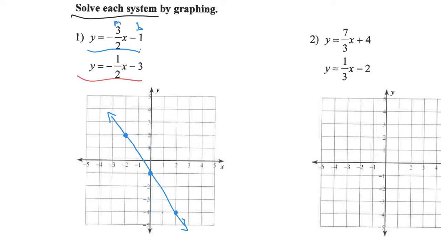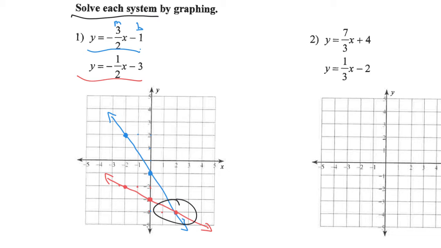I'm going to graph the second one in red. So I'm starting at -3, that's the b value. If I go down 1 and right 2, look at that, that's where they're going to meet. I could go up and left, but really what I'm interested in is that point where they overlap.